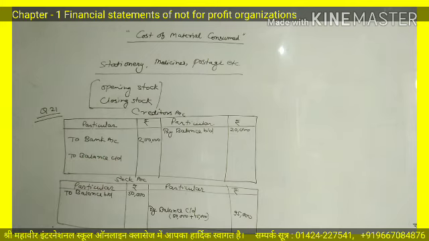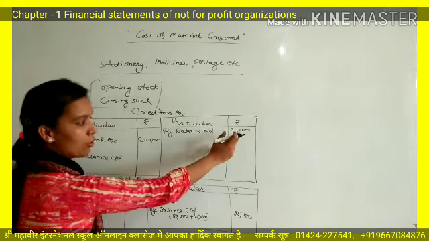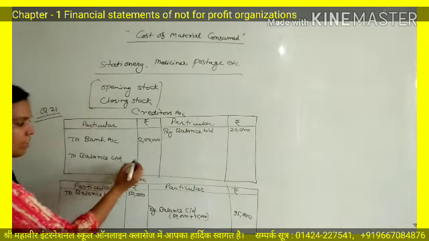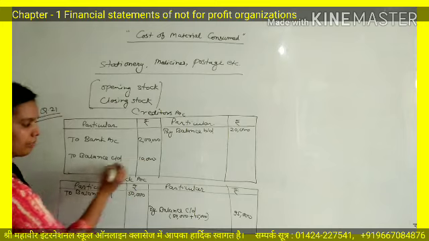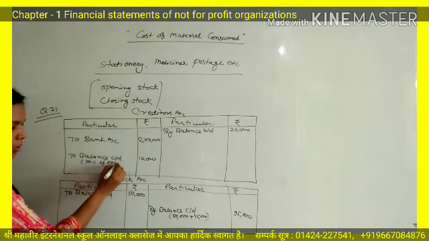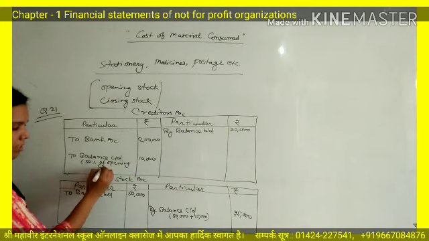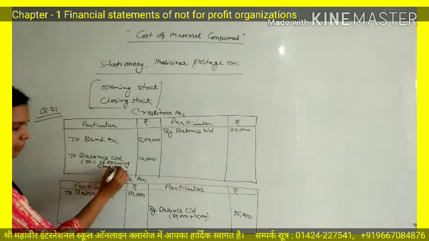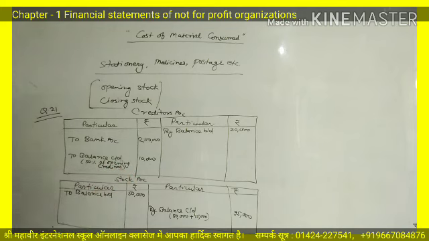Amount is 50% of opening creditors. Opening creditors are 20,000. This 50% of 20,000 is 10,000. Here you can show for hint 50% of opening creditors. Okay. All informations are completed.